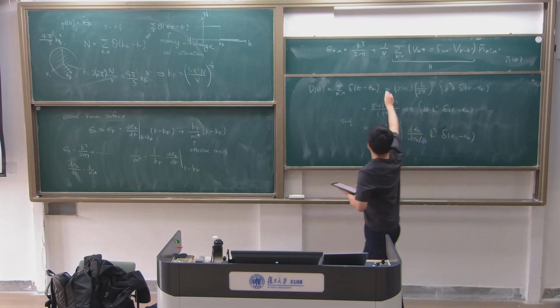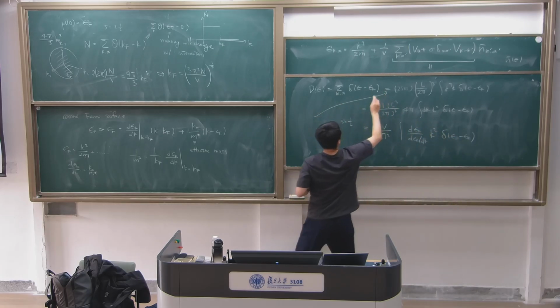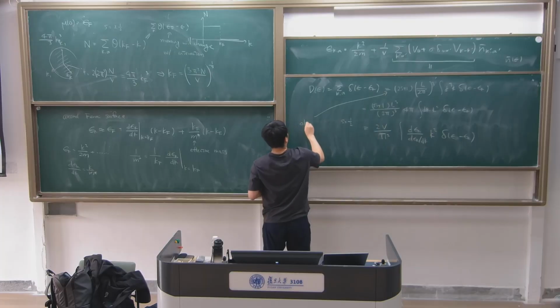So here, as before, I just put the delta k divided by delta epsilon. I put that like this.